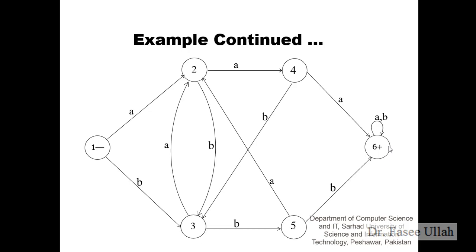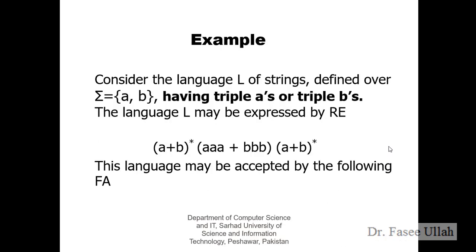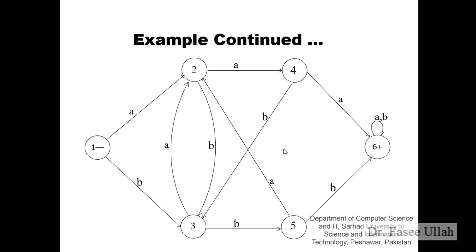Then we have some kind of combination, like if we see from the regular expression, it's BB, and then 3 times A or 3 times B or 1 time B. So how can we achieve this? 2 times B, for example, this is 1, then we have B, and then for example A, and so on.